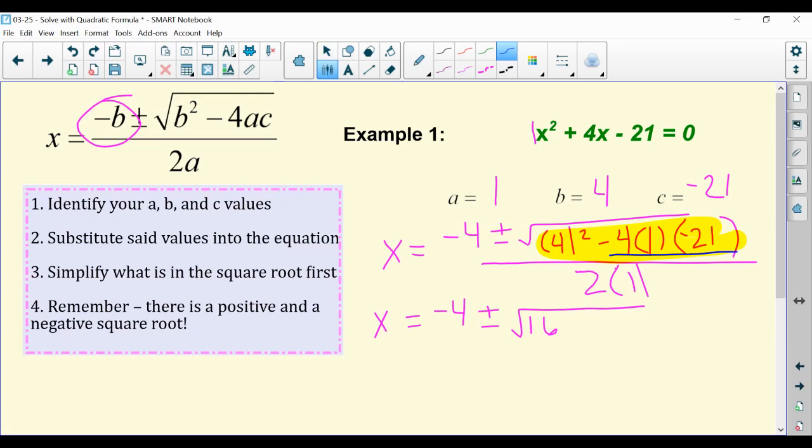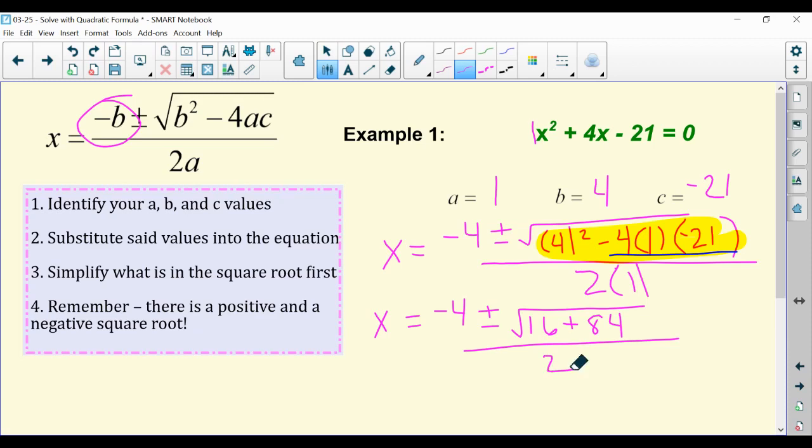So negative 4 times negative 21 is going to become a positive number. When I'm multiplying this 4, I'm actually multiplying on negative 4. So that becomes positive 84. Yay. All right, all over 2 times 1, which is just 2.